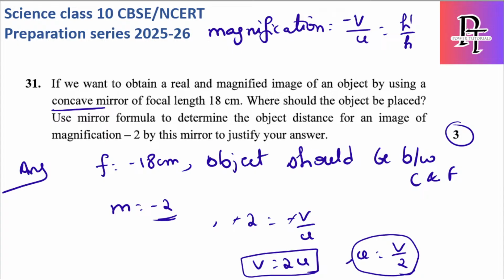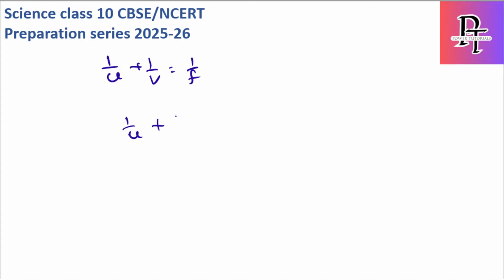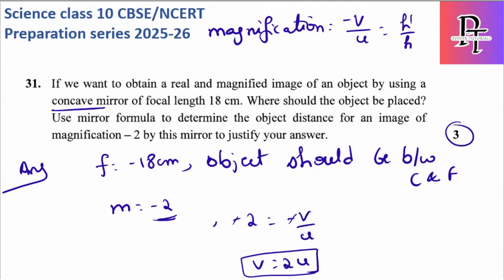We want the mirror formula in terms of the object distance, only the u value, not the v value, so no need to write this. Substitute the v value as 2u. What is the focal length value they provided? -18.